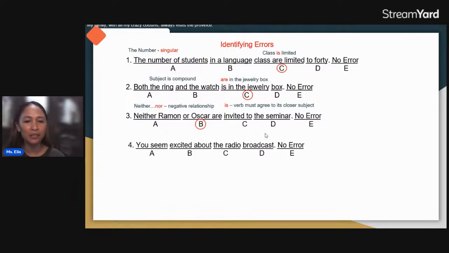Now let's continue. Number four. You seem excited about the radio broadcast. Again, you seem excited about the radio broadcast. Is there an error there?